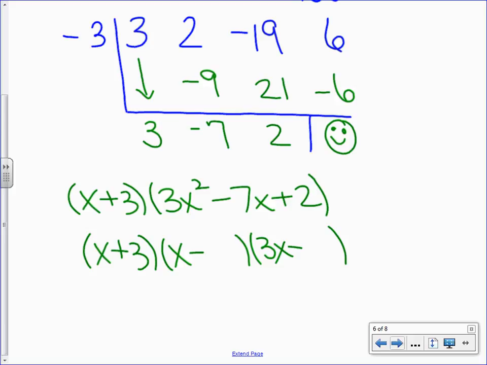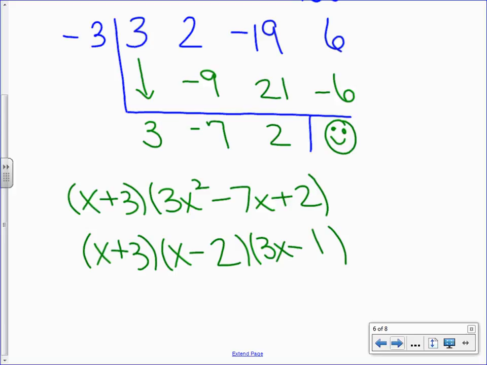Where should the 2 go? I'm asking you. X minus 2 and 3x minus 1, so we can get negative x minus 6x. Great.